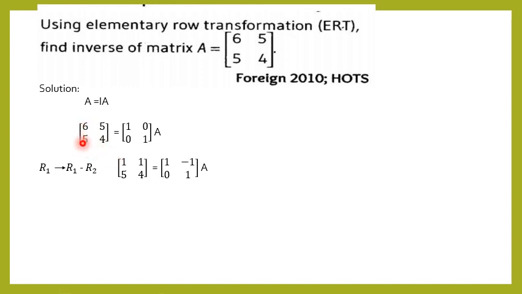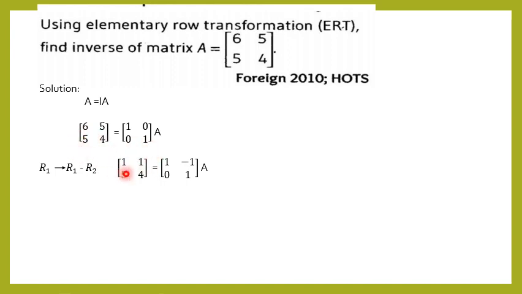So, we write the rule as R1 becomes R1 minus R2. Here, R1 is the first row and R2 is the second row. So, R1 minus R2 is 6 minus 5, 1. 5 minus 4, 1. Here, accidentally we got 1.